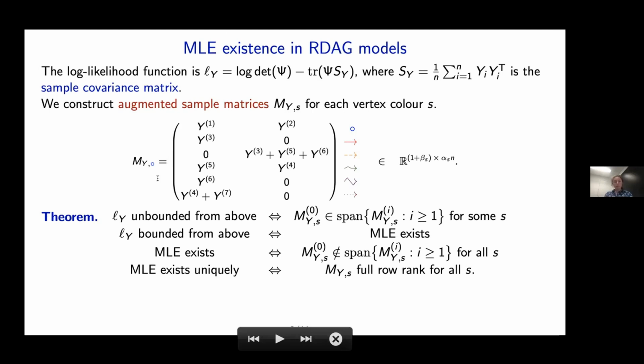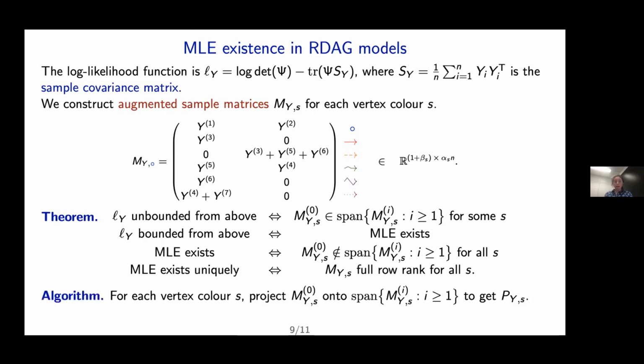Okay, so this result characterizes when the MLE exists and so on, all in terms of various properties of the rows of this matrix. And it also gives us an algorithm to compute the MLE.